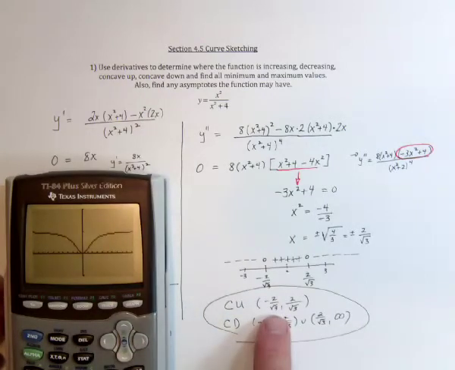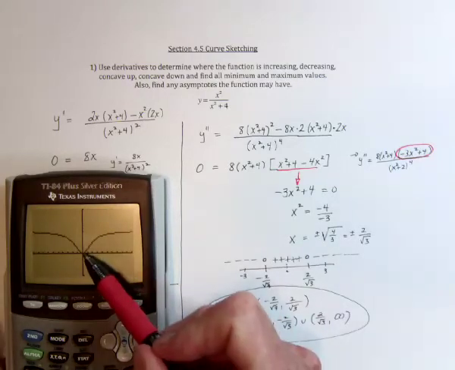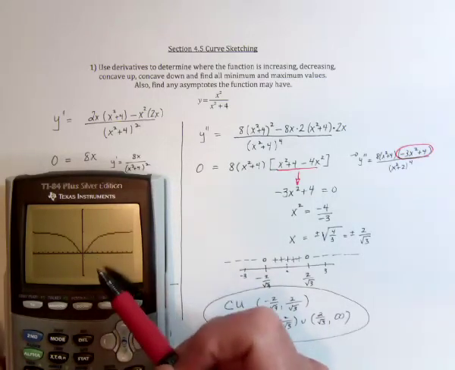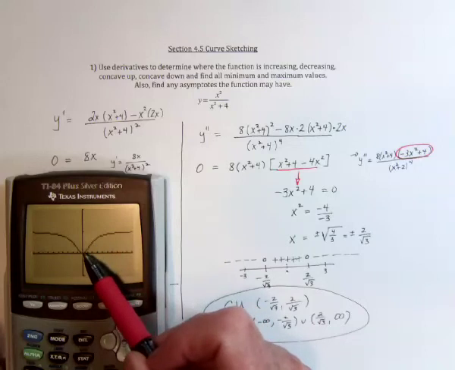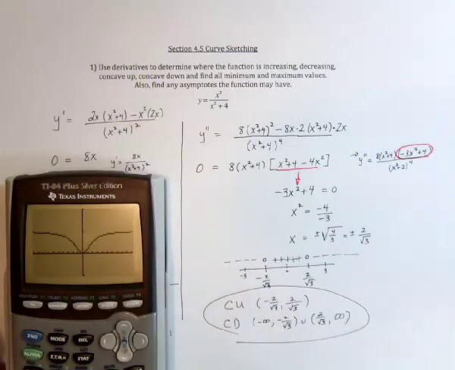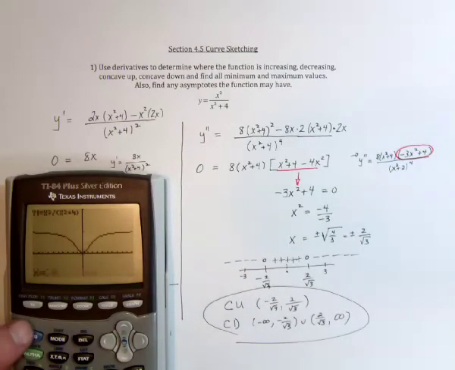And then check these points. Just by taking a look at this, it looks like it changes right about there to me. This is concave down, and this, I guess, is concave up. Let me see. X equals 2 divided by the square root of 3.